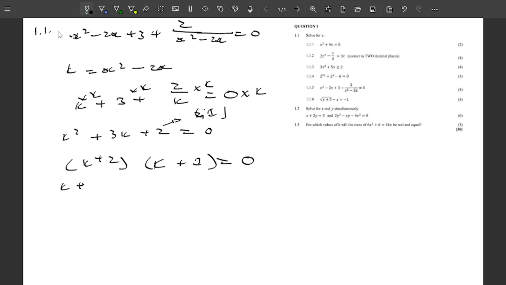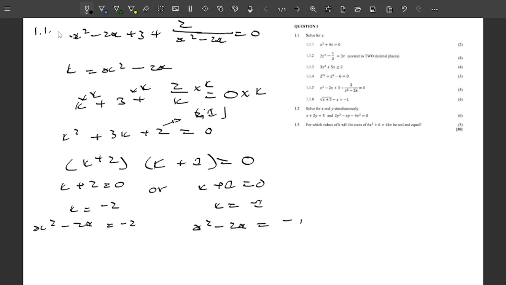Now let's come to the answer, of which I forgot the equal sign. We're going to say k plus 2 equals 0, or k plus 1 equals 0, of which the k value is going to be minus 2 or minus 1. Since we know that k is x squared minus 2x, we have x squared minus 2x equals minus 2, and for the other, the same: x squared minus 2x equals minus 1.